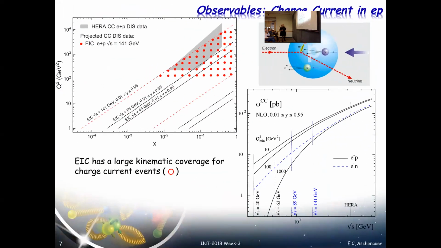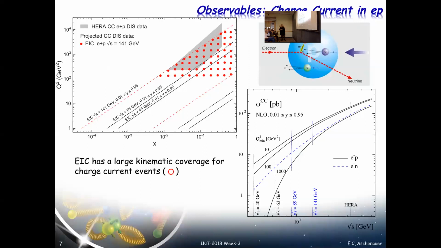So then here, the kinematic coverage. Here I have the inclusive lines for different square root S for the EIC: 45, 63, and 141. Here is the coverage for charged current. And the red dots are the coverage we can have for charged current events for a machine with 20 on 250.